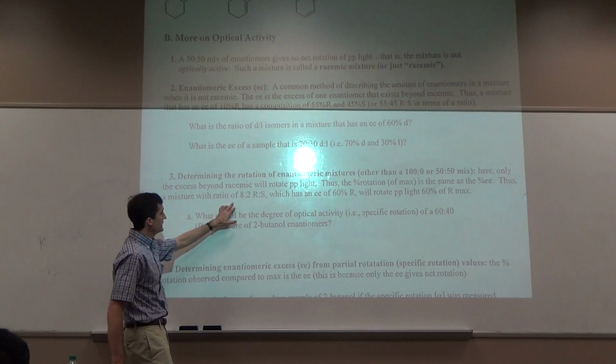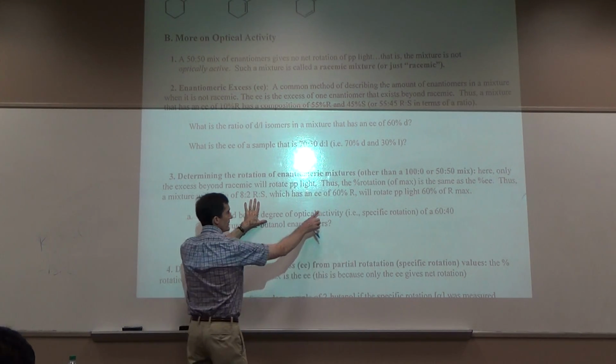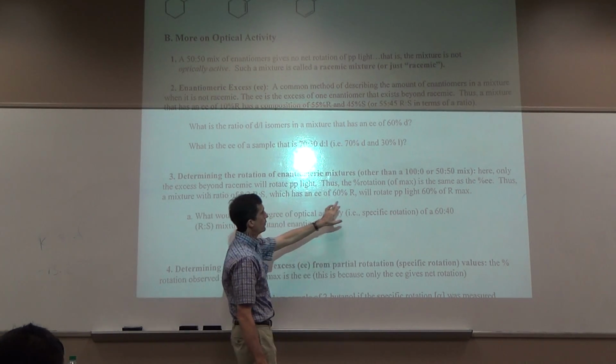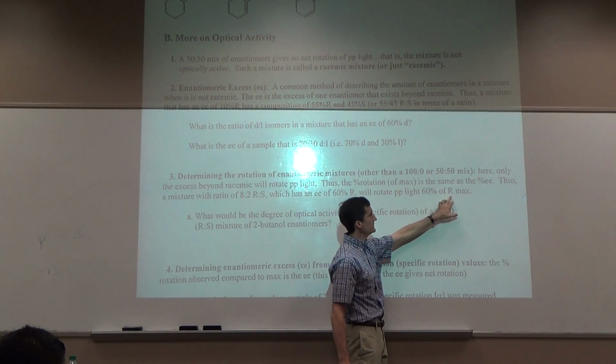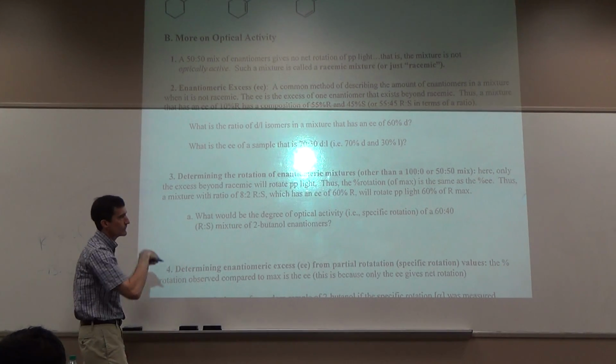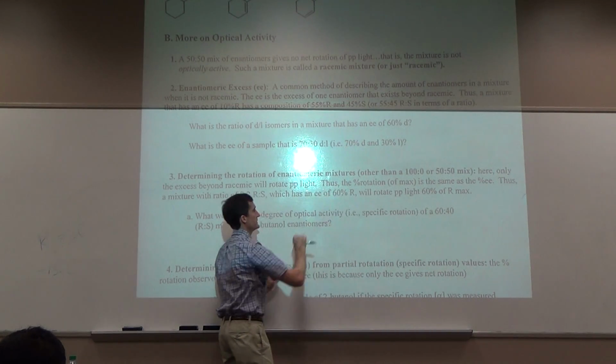Thus, a mixture with a ratio of 80-20 R to S, which, by the way, is a 60% EE, will rotate polarized light 60% of max. The maximum rotation is the same as the EE.